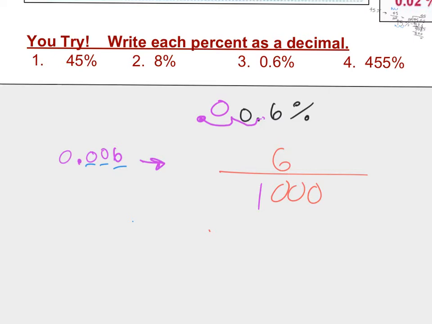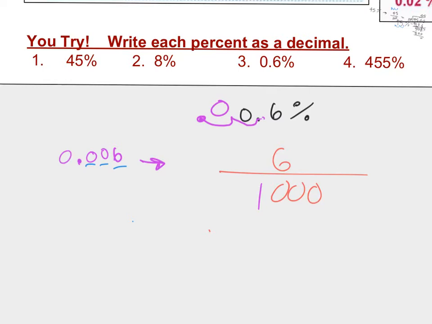If I was to read that, I would read it as 6 1,000ths. However, if you're not good with memorizing that this is the tenths and the hundredths and the thousands and the 10,000s and the 100,000s, etc., then just know that it's going to be something with a 1 in front because it's by multiples of 10. And however many places you are to the right, that's how many zeros you need for your denominator.